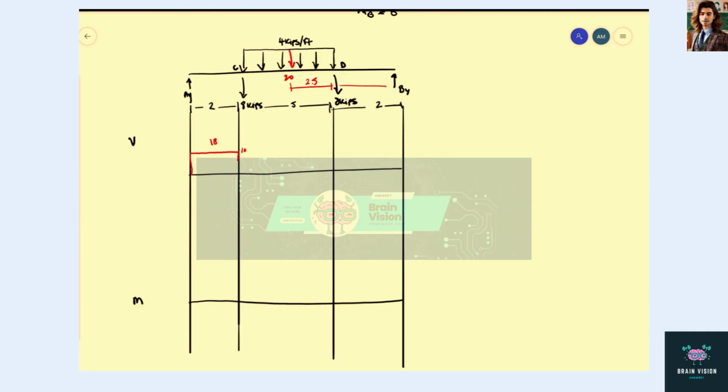And then we have our negative slope line going to -10. And then we're going to go down to -18. And then back to 0.